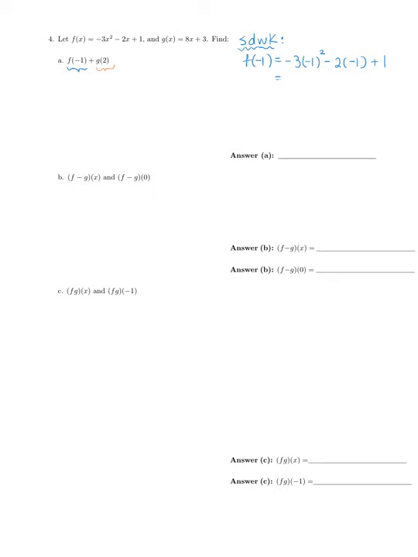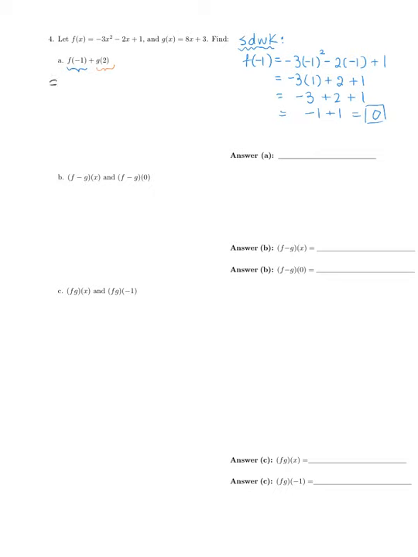All right, so then here you're going to have negative 3 times, now negative 1 squared is positive 1, and then minus 2 times negative 1 is going to give us plus 2 and then plus 1. So this is negative 3 plus 2 plus 1. Now be careful, you're going to add this from left to right. First you do negative 3 plus 2, which is negative 1, and then I'm going to add 1 to that. So f of negative 1 is going to be 0.